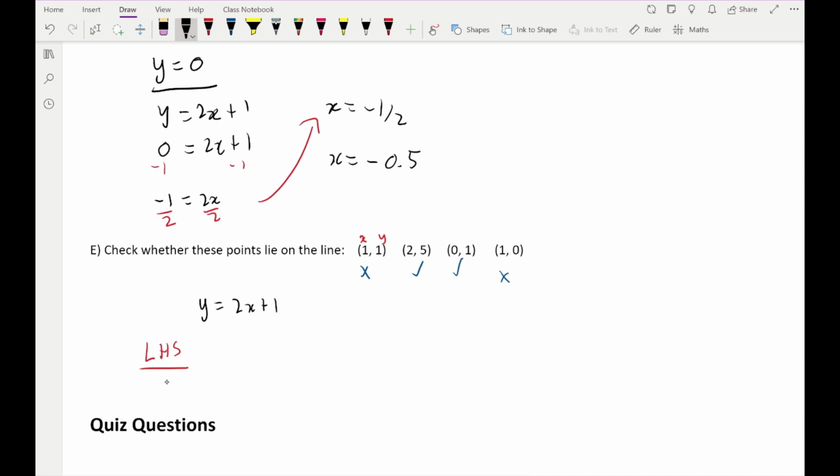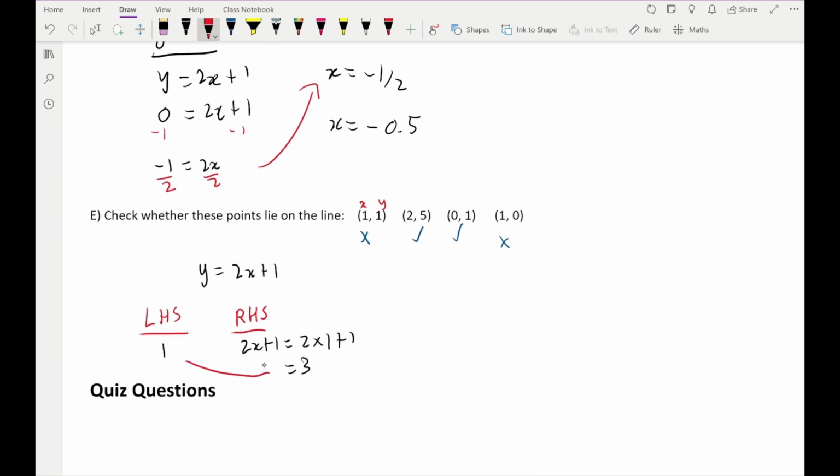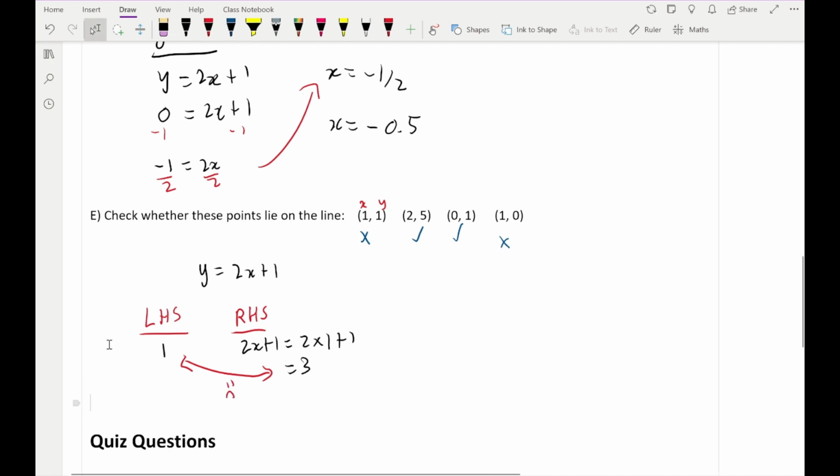That just becomes 1 because y is 1. Let's look at our right-hand side. That was 2x plus 1. So that's 2 times 1 plus 1, which is 3. Now we compare. Does the left-hand side equal the right-hand side? It does not. 1 does not equal 3, and that is why (1, 1) doesn't lie on the line.